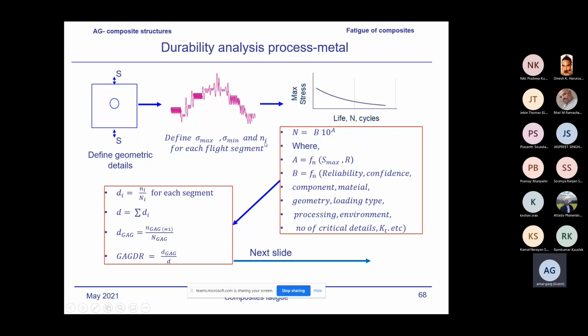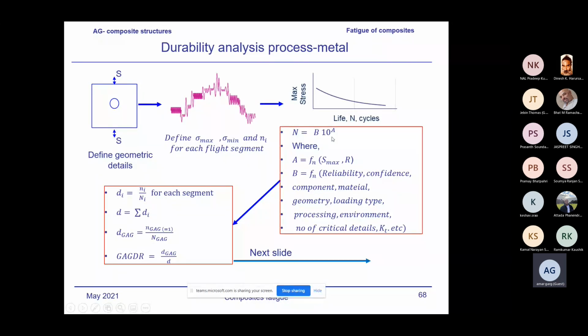Ni basically, for each of these flight segments, you divide the flight into various segments, and for those segments, the number of cycles and maximum stress levels. So for each of those segments, each stress level, you will analyze using maximum stress life.